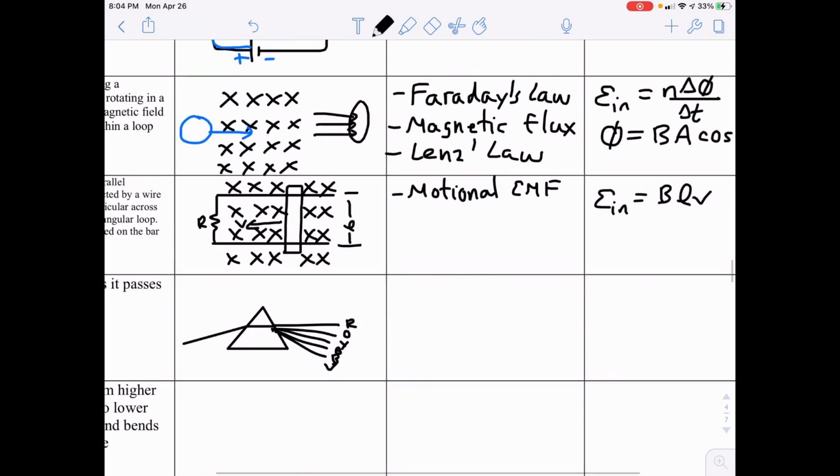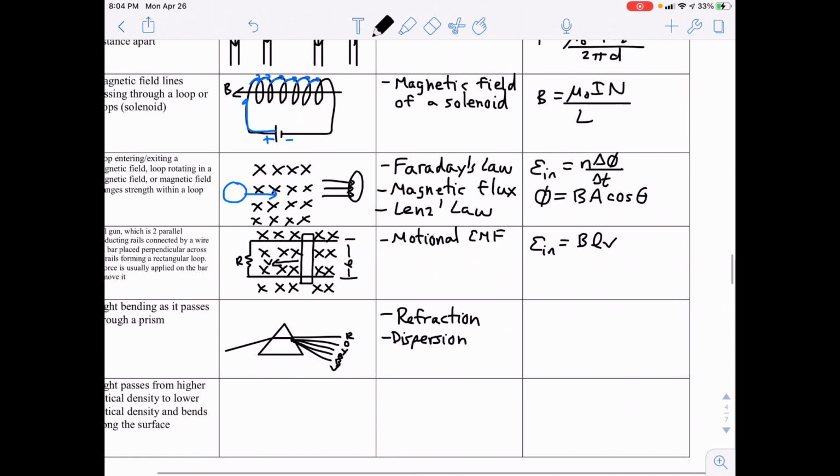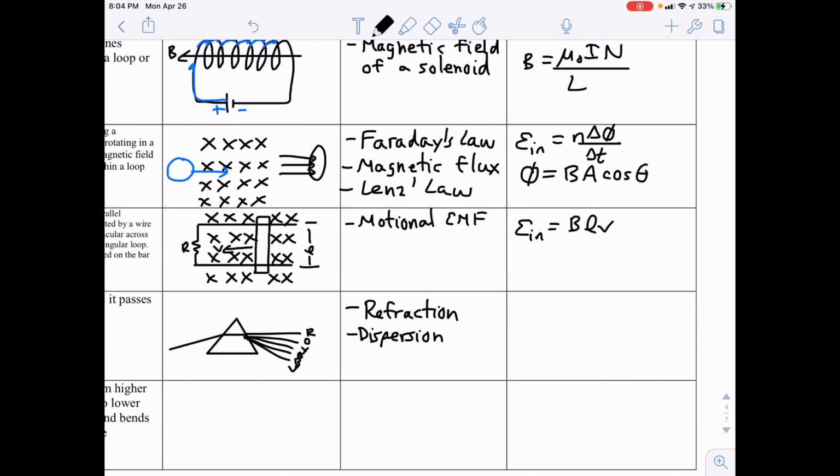This is known as dispersion. Dispersion is the spreading out of the different frequencies of color using Snell's law of refraction. So it's a refraction problem, but it is specifically being spread out into the colors of the rainbow. n1 sine theta 1 equals n2 sine theta 2.